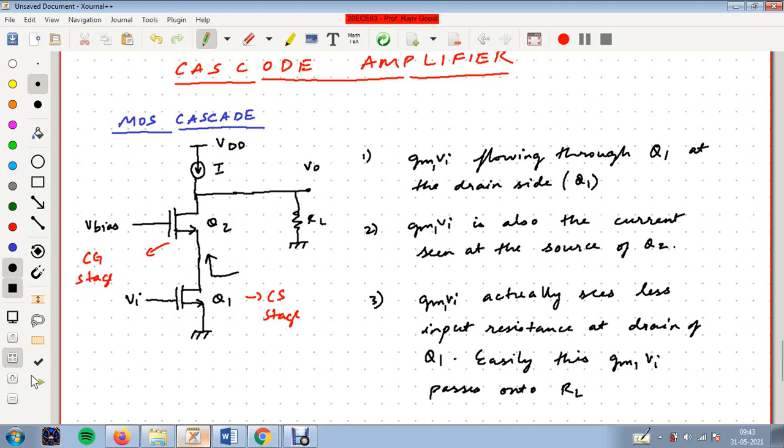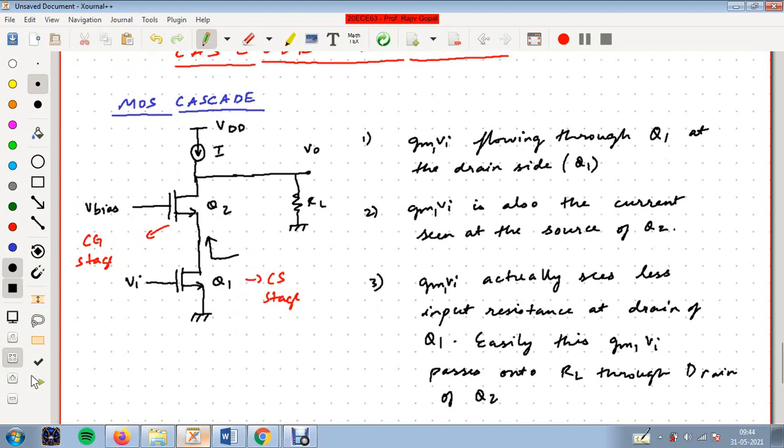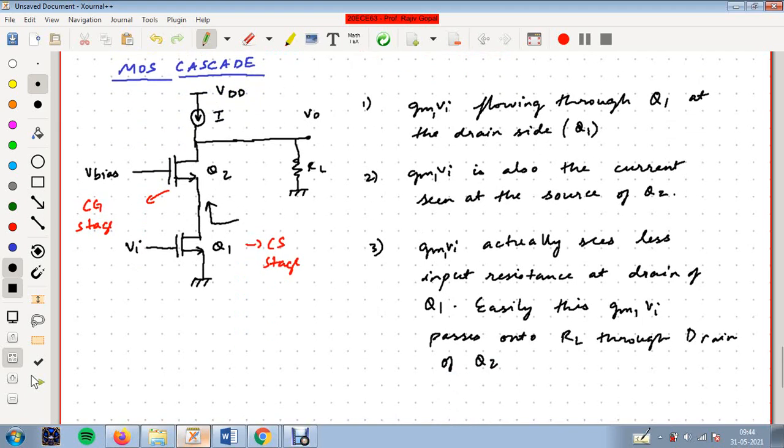So obviously this gmV1 will be easily passed on to RL through the drain of Q2. Okay, clear these 3 points.